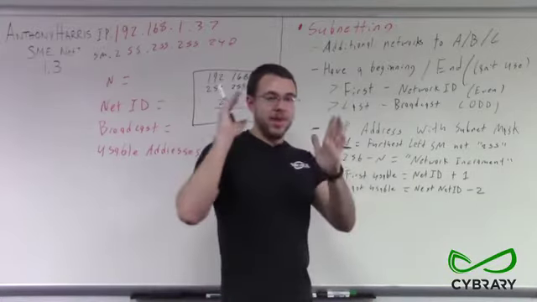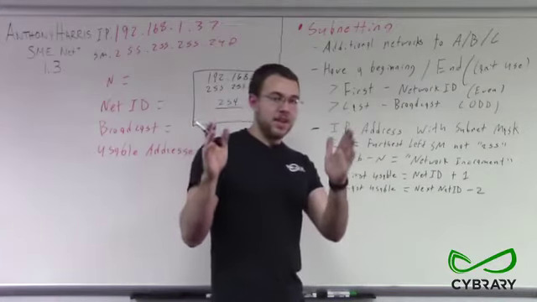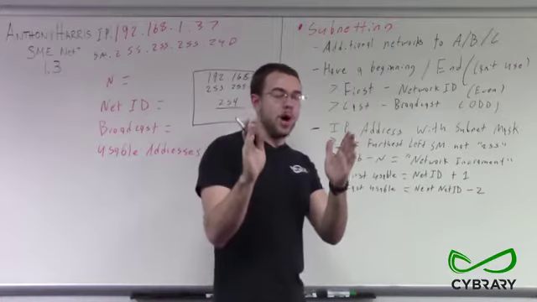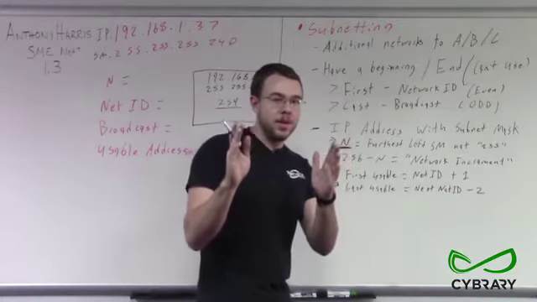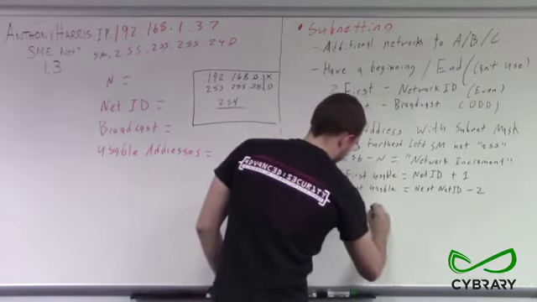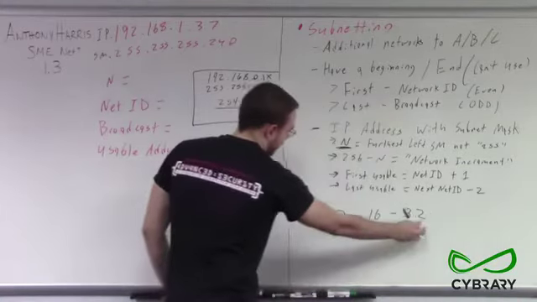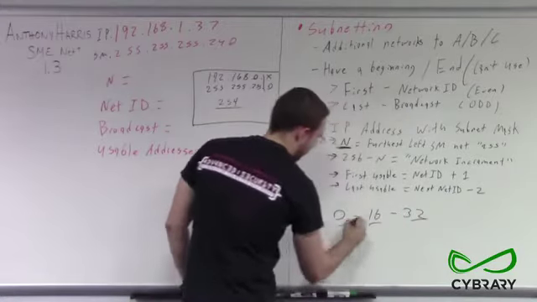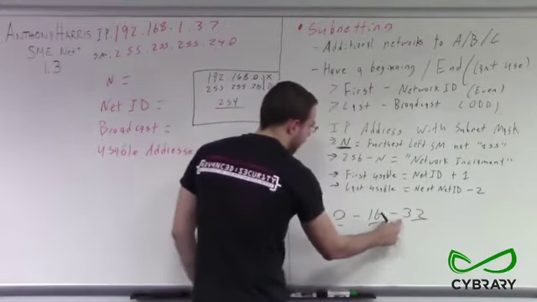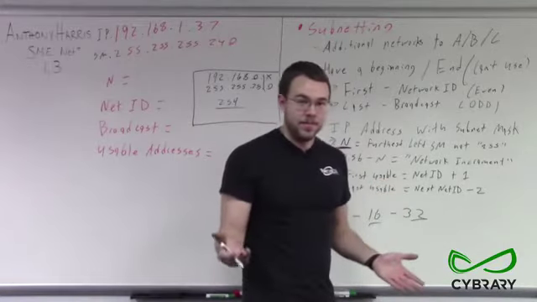So if 16 and 32 are network IDs, then 15 and 31 would be our broadcast IDs, because the address right before a network ID is the previous subnet's broadcast ID.